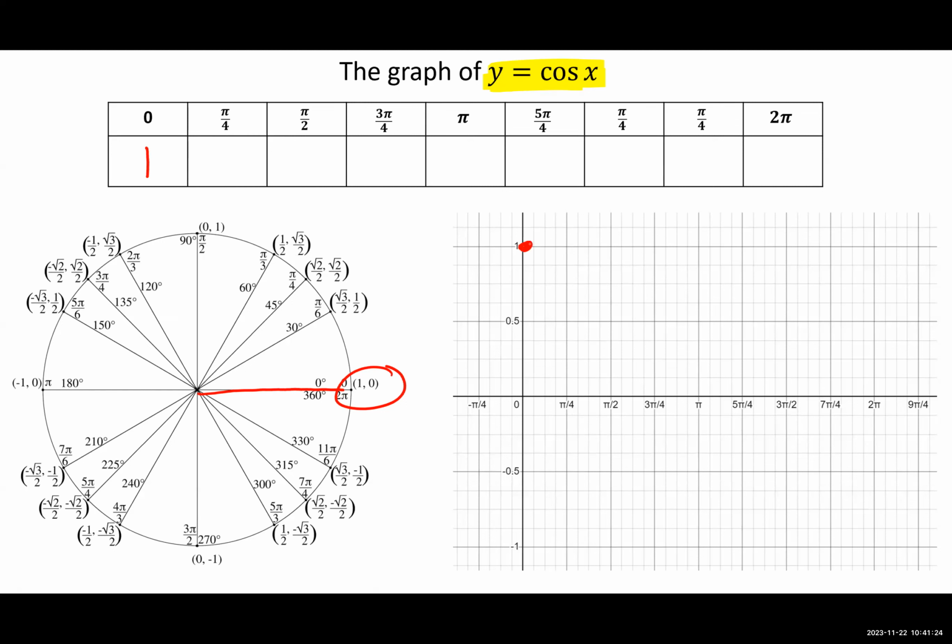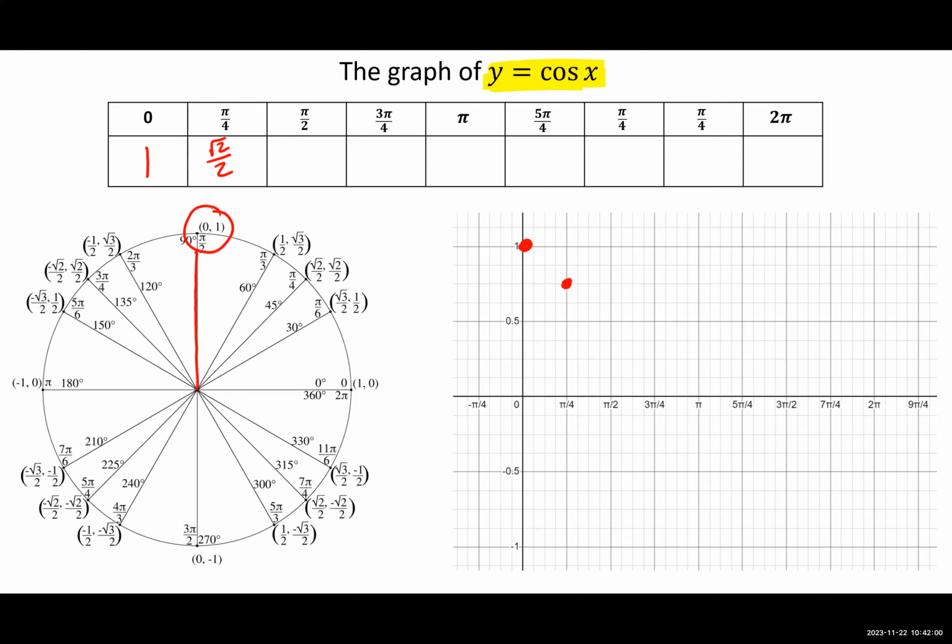So the cosine graph starts up at 1, whereas the sine graph started down at the origin. I'm going to, again, go in multiples of pi over 4. Next angle is pi over 4, and the cosine is root 2 over 2, so again, it's about 0.7. Next angle, pi over 2.